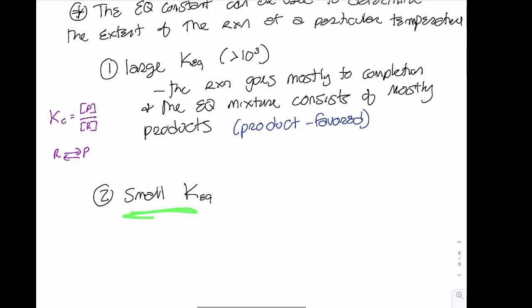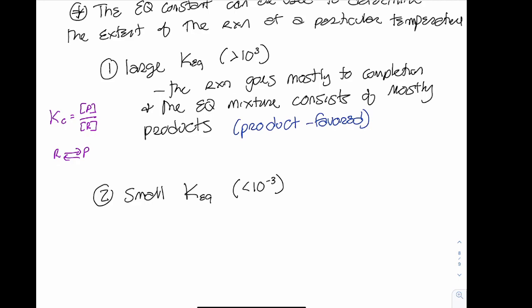So anyway, if I have a small value, that means that my number on the bottom is going to be larger. When we calculate this fraction, if I want a small value, then I'm going to have a bigger number on the bottom. We're going to define small as less than 10 to the negative third.